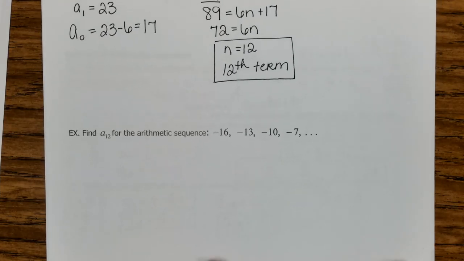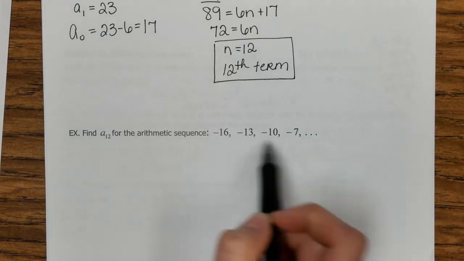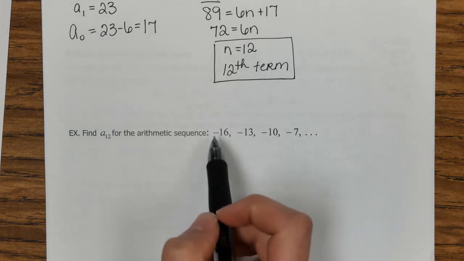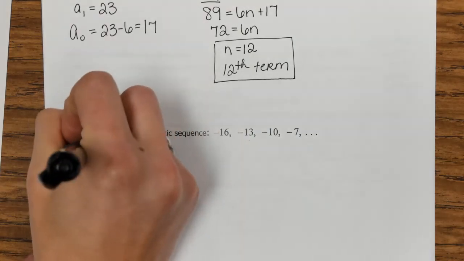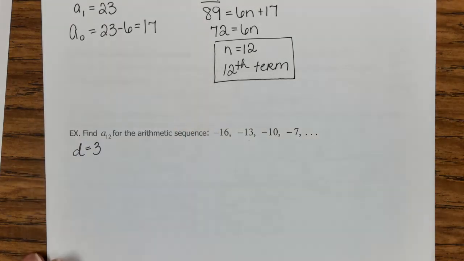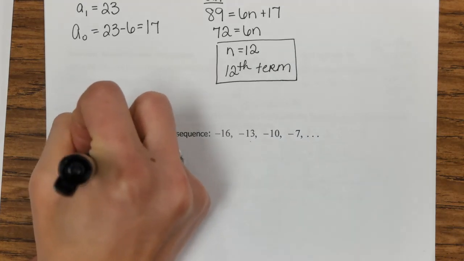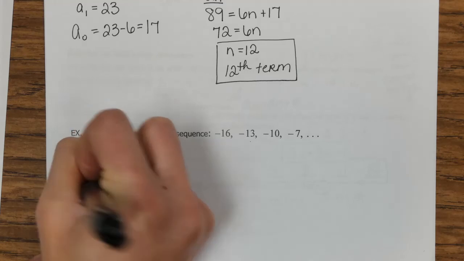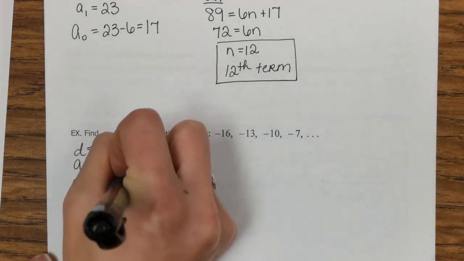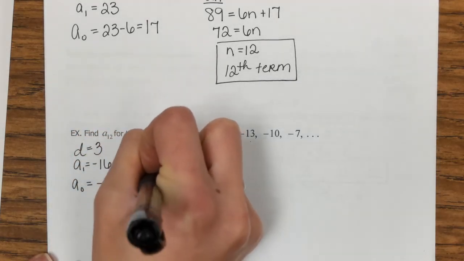Okay. All right, now I give you a sequence and I tell you find A12. We're doing pretty much the same stuff, okay? You need to find your rule for this sequence. So negative 16, negative 13, negative 10, negative 7. What's my common difference? 3. And my A1 is negative 16. So my A naught is negative 16 minus 3, which is negative 19.